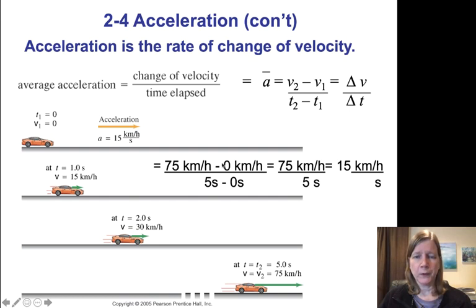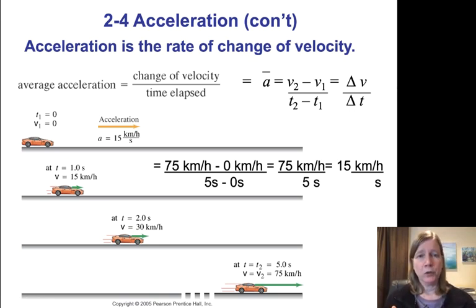So in the numerator, I have 75 minus 0 kilometers per hour. And then for the time, t2, our final time is 5 seconds. t1 was 0. This is t2 minus t1, or 5 minus 0. And that gives us 75 kilometers per hour divided by 5 seconds, or dividing 75 by 5, we're back to 15. So we have an average acceleration of 15 kilometers per hour per second, which is just what we said when we started. So the equation holds up, everything is consistent.